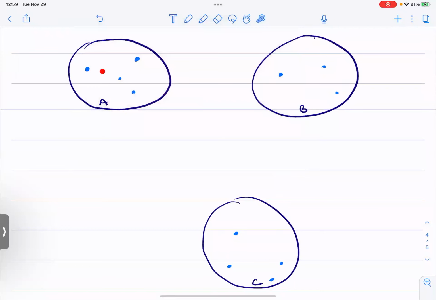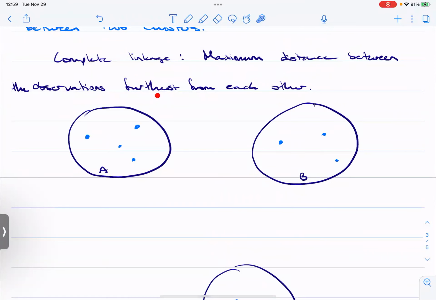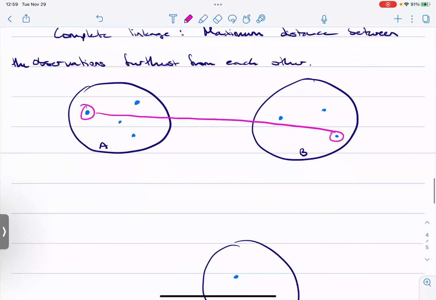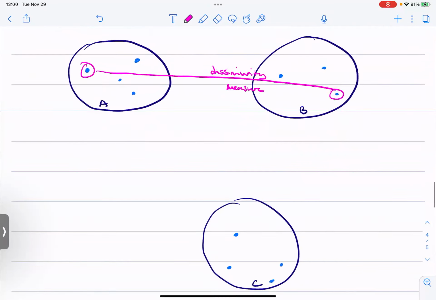The dissimilarity between A and B, if we're looking at the maximum distance between the observations furthest from each other, of course, we could measure it, but just visually, this one is the furthest away from B. And then I would say maybe this one is the furthest away from A. So then this distance would be the dissimilarity measure of A and B, right?